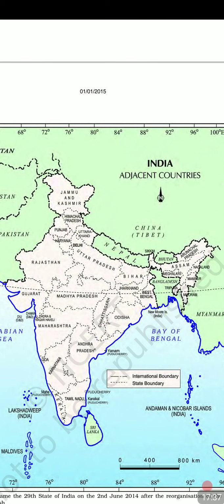These western coastal states, 7. Madhya Pradesh, Haryana, 9. Chhattisgarh, Odisha, 11. Jharkhand, 12, right? And yeah, these 12 states, they don't share a boundary or are coastal, right?